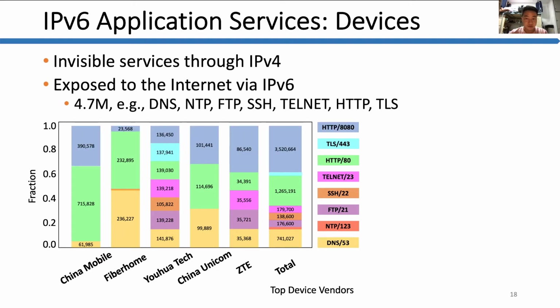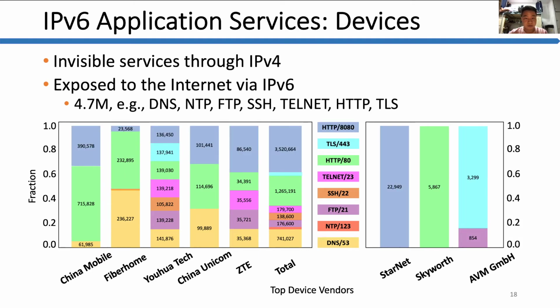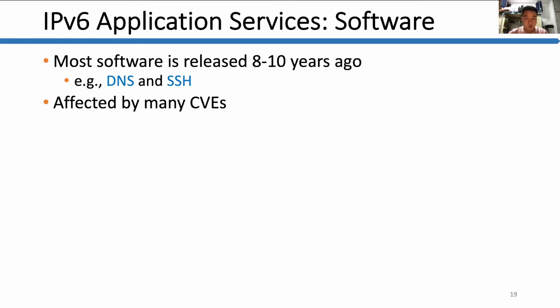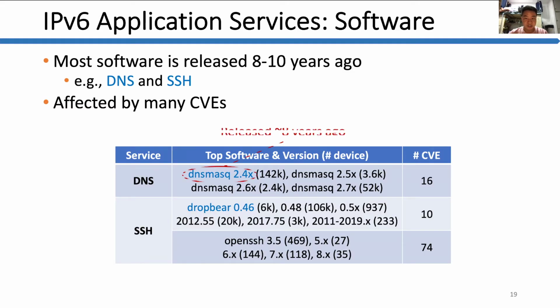Different routers show different openness policies. Besides, most software is released about 10 years ago and is affected by many vulnerabilities. For example, old version DS-MySQL and Dropbear were released about 10 years ago.